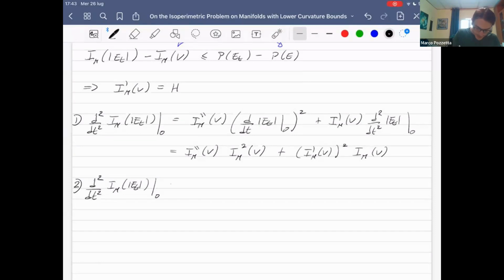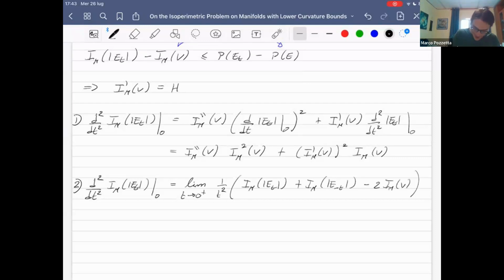This is a second derivative, so I can write it as a limit of a second order difference quotient: the limit as t goes to 0 plus of 1 over t squared, and here I take I_M at the volume of E_t, the function computed at t, plus the function computed at minus t, minus twice the function at 0, so in particular at my central volume.